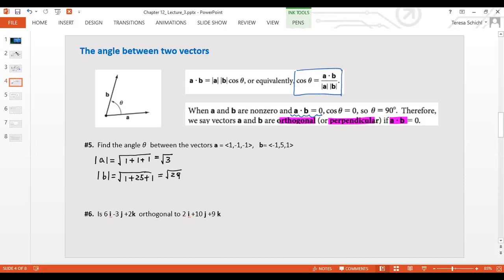Right? Okay, and now let's take a look at A dot B. A dot B is 1 times negative 1, negative 5, negative 1.